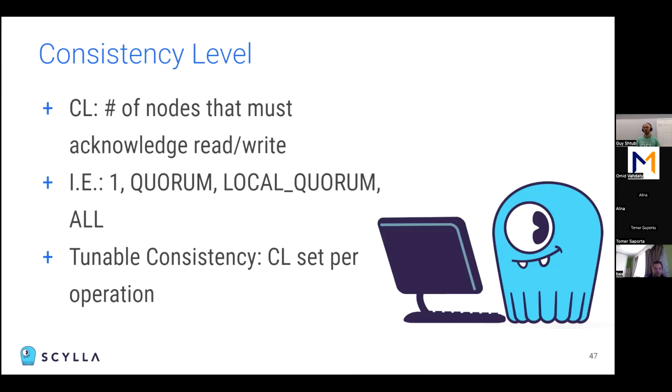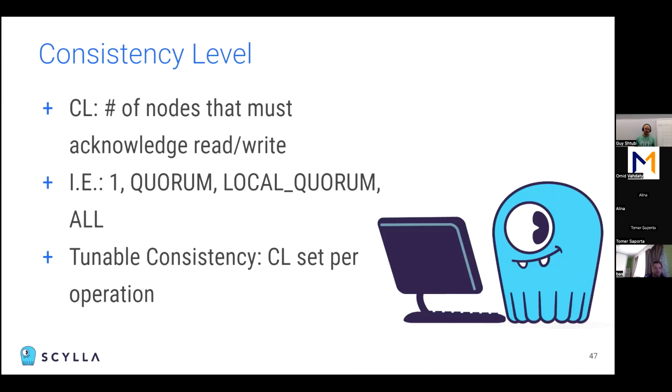However, maybe when we're doing a read operation, we want our data to be more consistent, and then we can set the consistency level to be, for example, quorum. And that means that if the replication factor was defined as 3, then 2 out of the 3 replicas or 2 out of the 3 nodes would have to acknowledge the read request in order for the query to be considered successful.